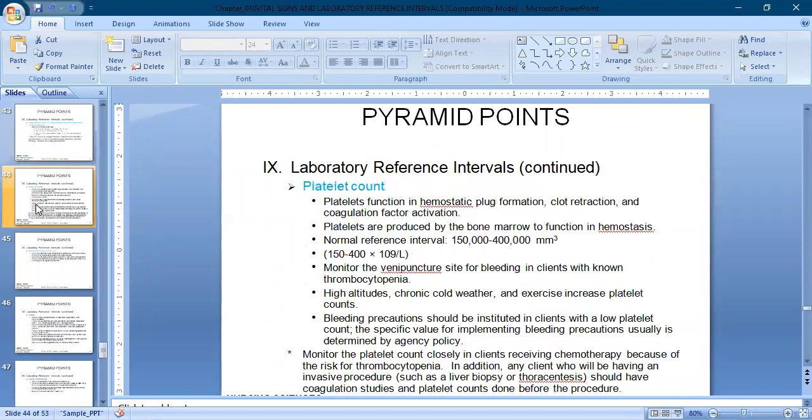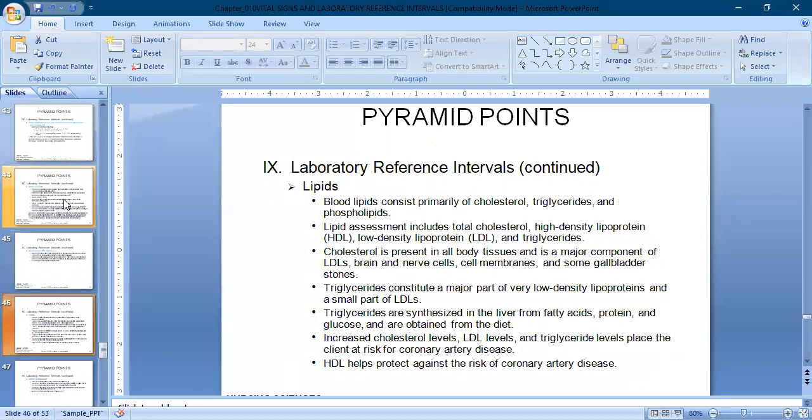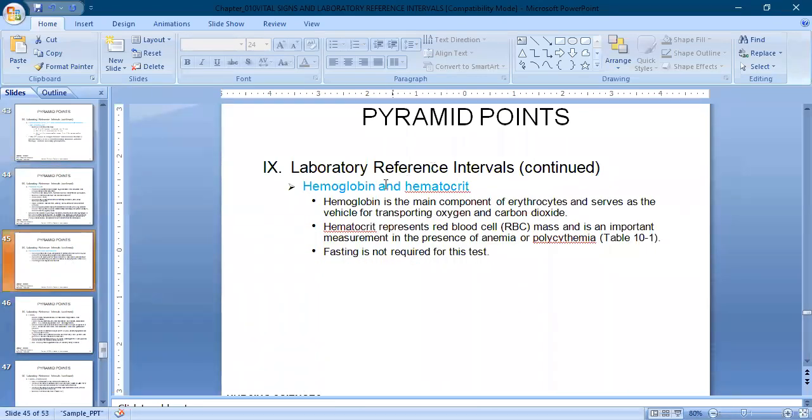So now we are going to talk about platelets, but here is something I left out, you can see hemoglobin and hematocrit. Hemoglobin is the main component of the erythrocyte and serves as a vehicle for transporting oxygen and carbon dioxide.